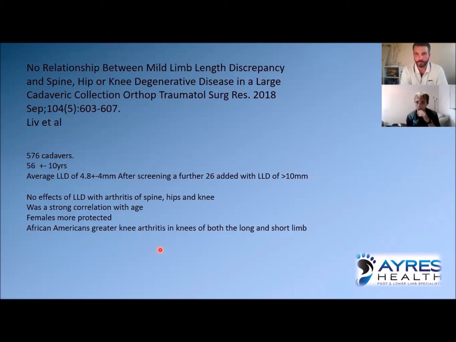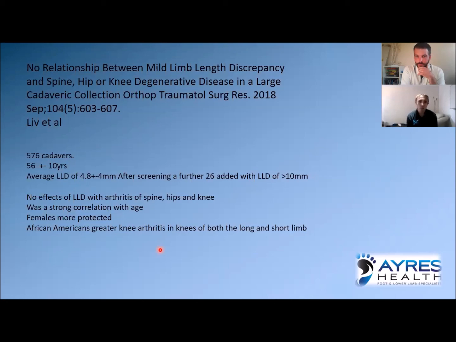I work with a couple of very good ones. But this is the issue: patients have been to see other healthcare professionals who then told them that all their leg length is related to their problem. And then they come see us and we're telling them it's not. And then this poor patient is just left confused in the middle. And as Simon said, it is just that practitioner bias.